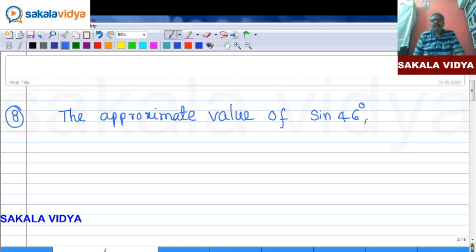So given that one degree is equal to 0.01745 radians.